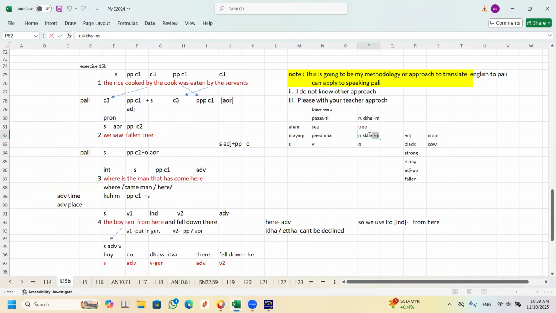Now this is a direct adjective to this. So in this case, the word fallen comes from the word fall. So it will be patati, third person.